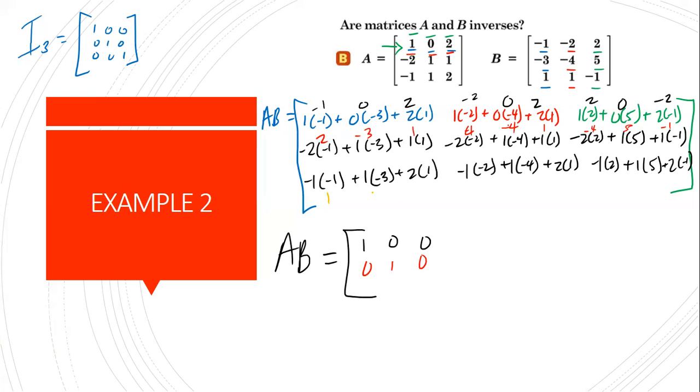We have 1, -3, 2. That gives me 0. We have 2, -4, 2. That gives me 0. And we have -2, 5, -2.